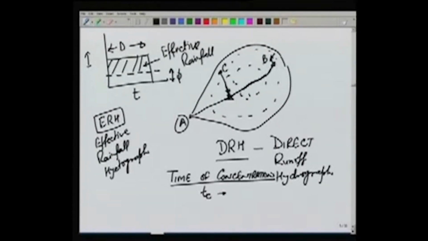Now since the stream velocity is very high, the raindrop at B may reach A sooner than C.